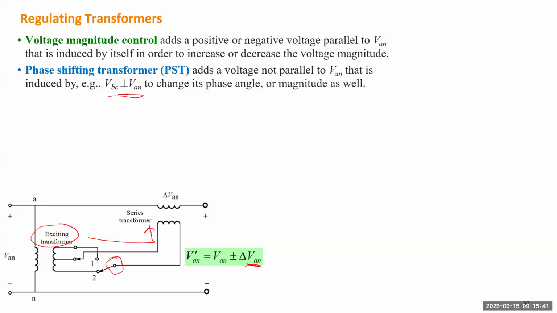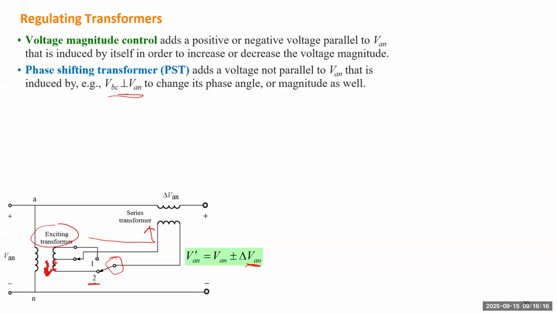So this switch, right now, is at position number 2. So there are two positions. If it's at position number 2, that will take the voltage here, right? Because it will utilize this secondary winding to get a little voltage proportional to the original voltage on one phase, phase A, but in the opposite direction.